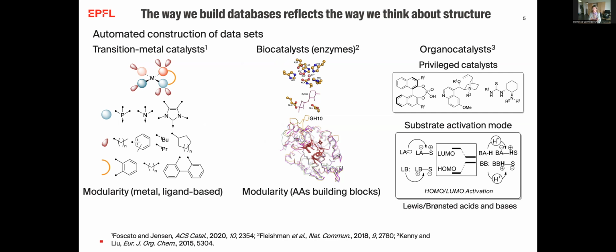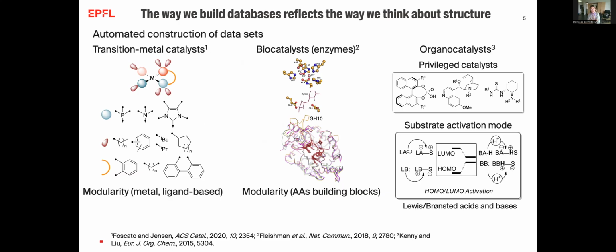So then you can enumerate a set of ligands, a set of substituents, eventually a set of linkers and transition metals, and reshuffle them. And by doing so, you can have a quite easy automated workflow to construct these transition metal catalysts.